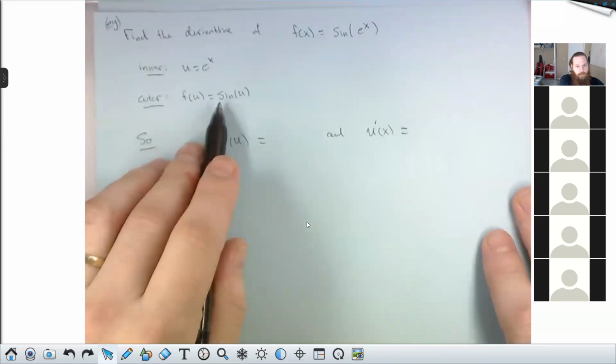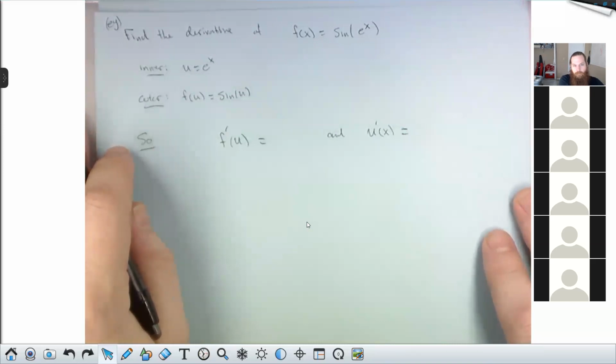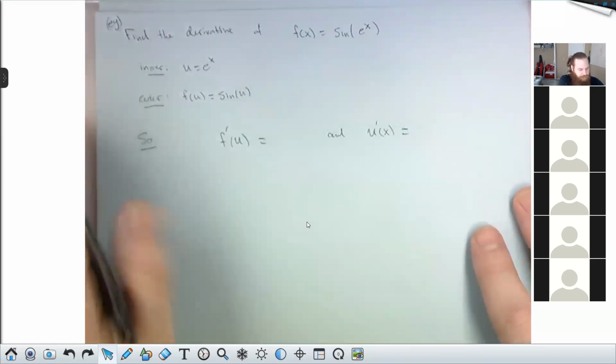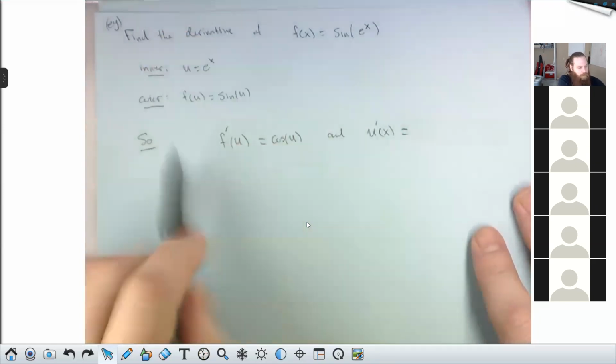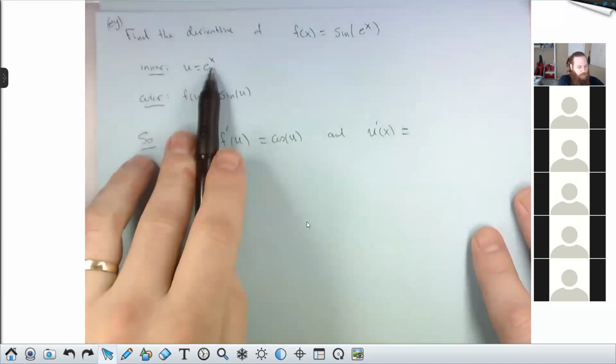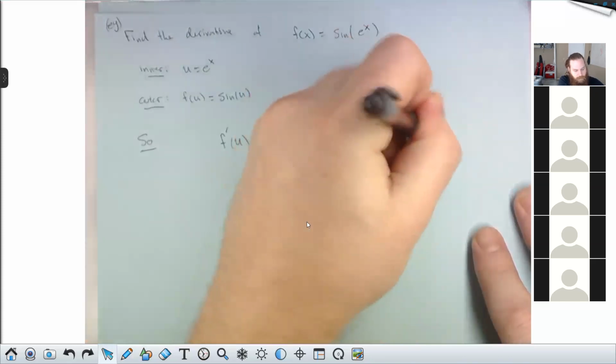What is the derivative of sine u? Cosine u. Good, it's cos u. And if u is e to the x, what is u primed of x? E to the x. E to the x, all right.